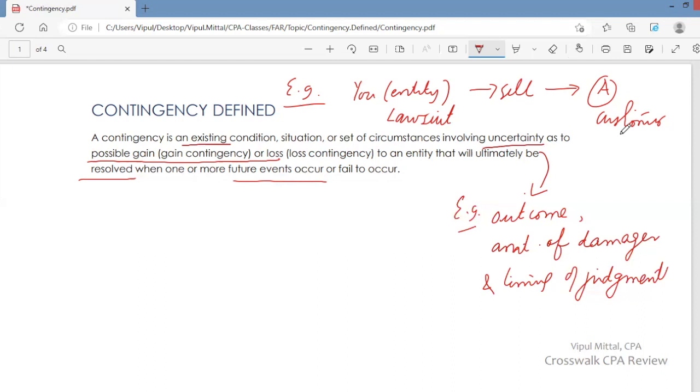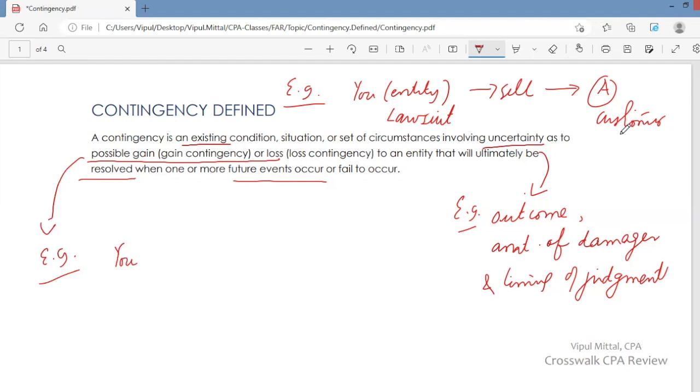So you sell a product to customer A, the product is faulty, customer A incurs a loss, customer A files a lawsuit against you, and you may have to pay a compensation to customer A. Loss contingency, because it is an existing condition and it involves uncertainty as to outcome of judgment, as to timing of judgment, as to amount of damages. Loss contingency.